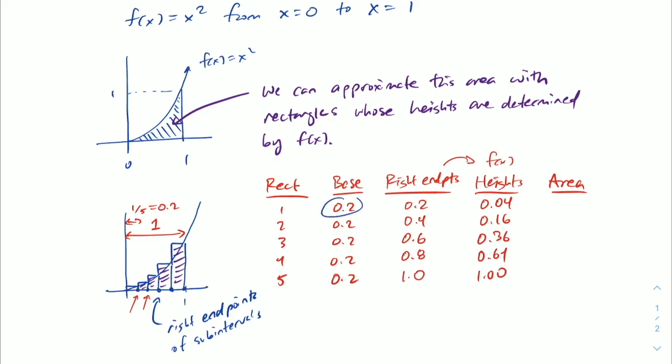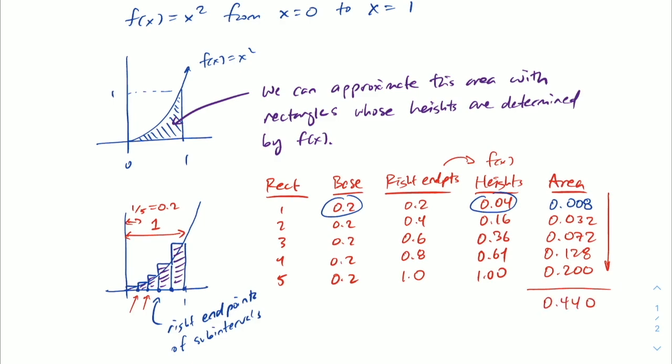So 0.2 times 0.4 equals 0.008. Continuing on, we get 0.032, 0.072, 0.128, and 0.2. If I add up all those areas, I'll get 0.404. So the area is approximately this value.